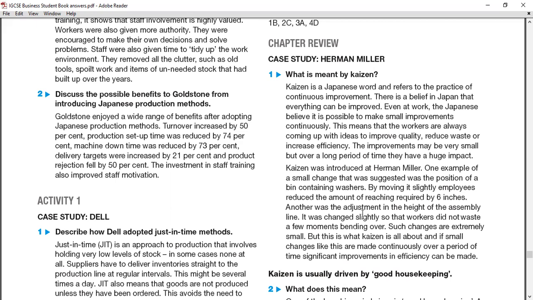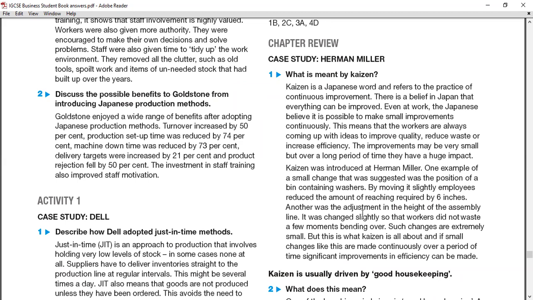But that improves the productivity, at least by a single small fraction. Every single inch is important. So that's why even moving the bin containing things like washers reduces the employee movements by 6 inches. In the long run, we can see the huge impact.